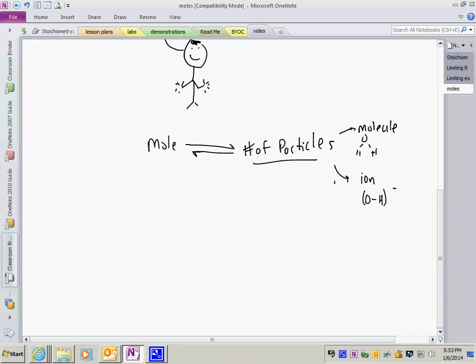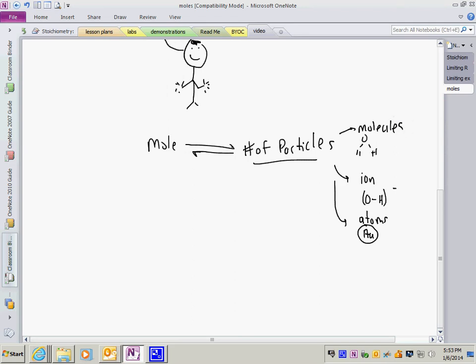Or we could say we have a simple element, let's say gold, like a gold particle, Au. In this case, because it's just an atom, we just call it atoms. So the most common things that we would deal with as far as particles would be atoms, ions, and molecules.